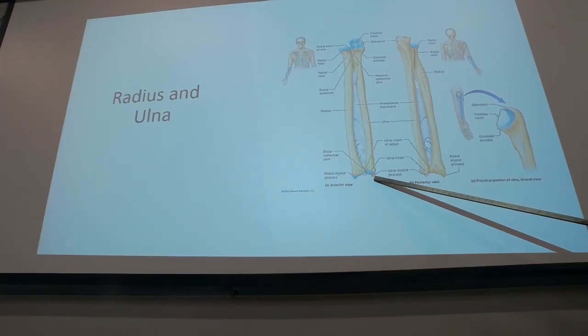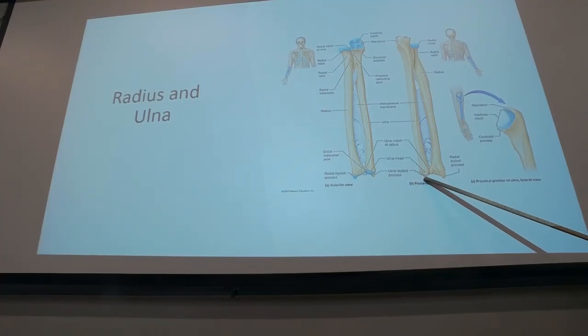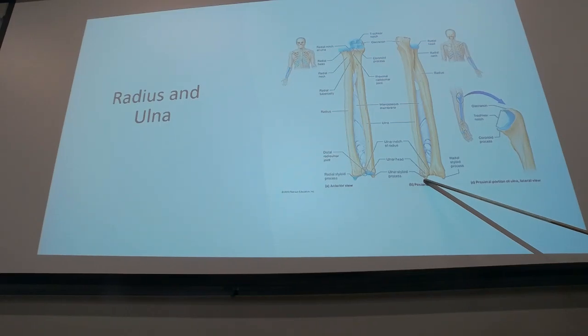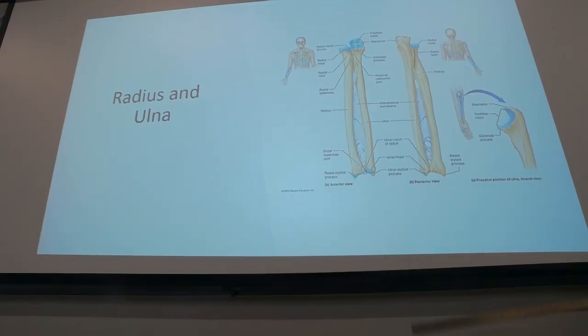Laterally and inferiorly, the ulnar head has a little extension called the styloid process of the ulna. A styloid is a needle-like projection. The ulna is not the only bone that has a styloid process. Our temporal bone also has a styloid process.